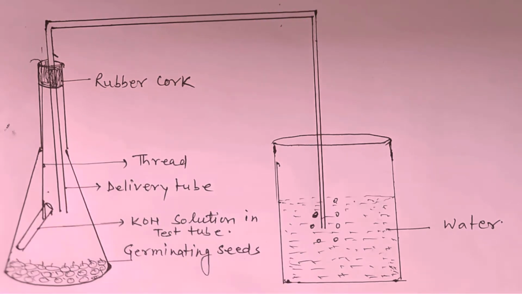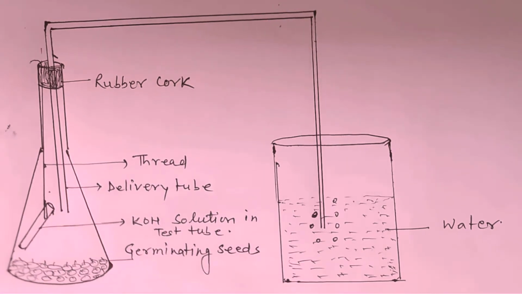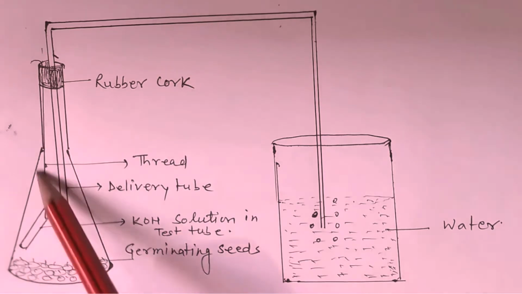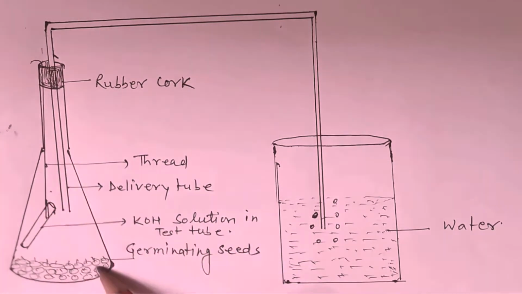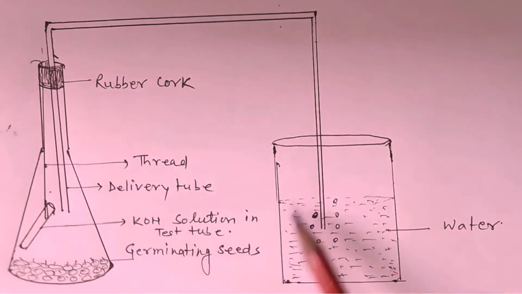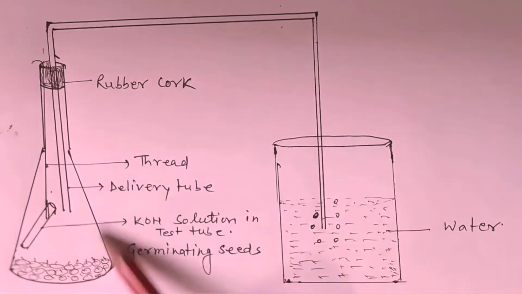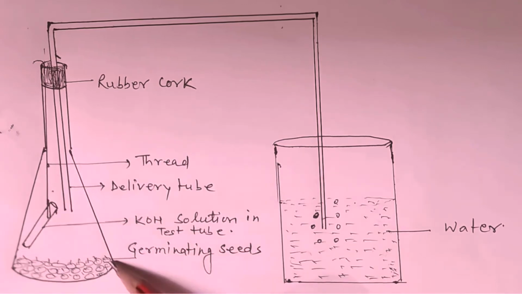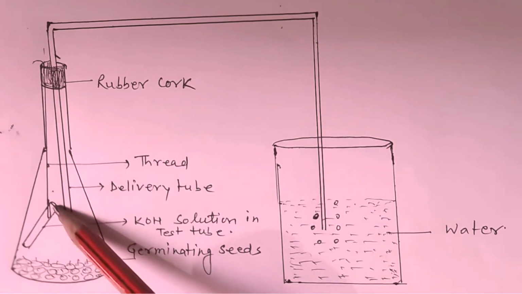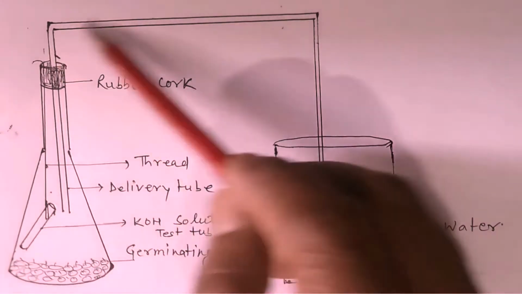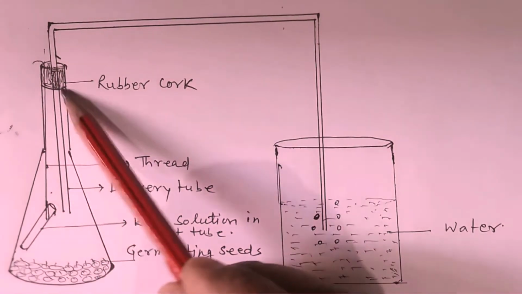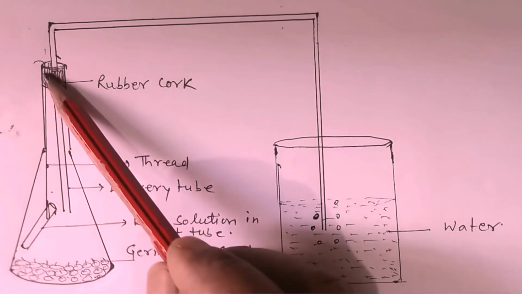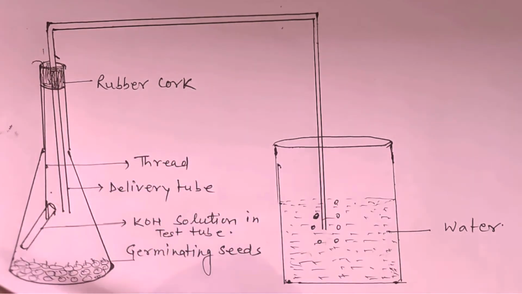So for this we require some materials. The materials which we require are beaker, conical flask, germinated seeds, a small test tube, delivery tube in U shape, cork with one hole, and KOH solution.